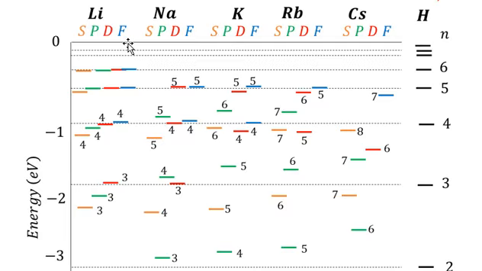These SPDF correspondingly specify the orbital quantum number as 0, 1, 2, and 3, so we shall be covering the orbital quantum number from 0 to 3. I have given different colors to these: the S symbol is light brown, the P symbol is green, the D is red, and F is blue, so that we can identify these lines very quickly.